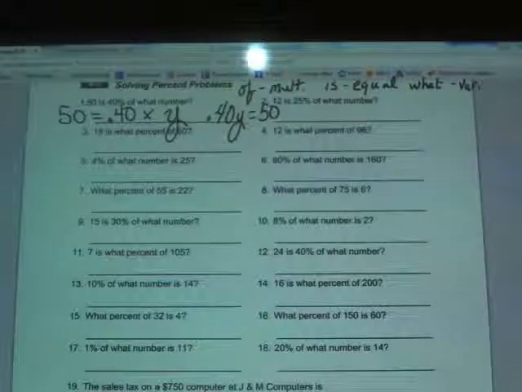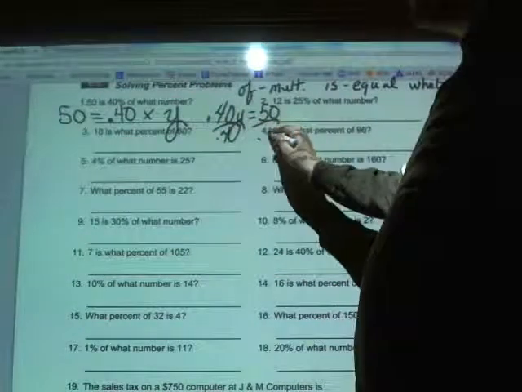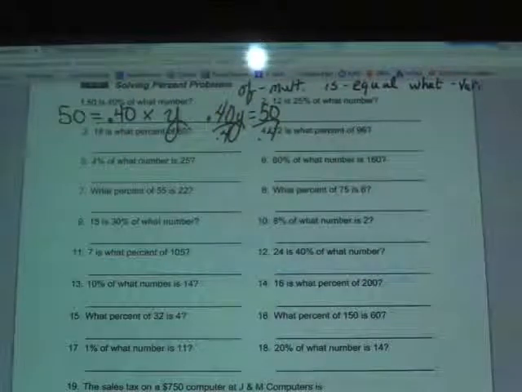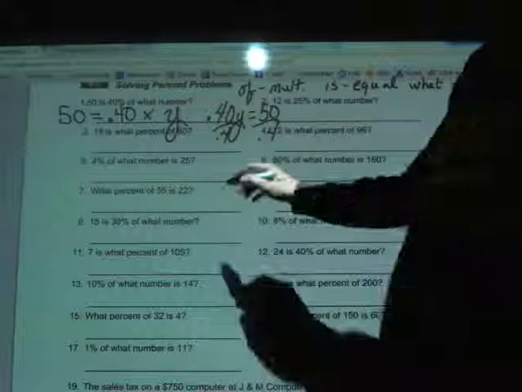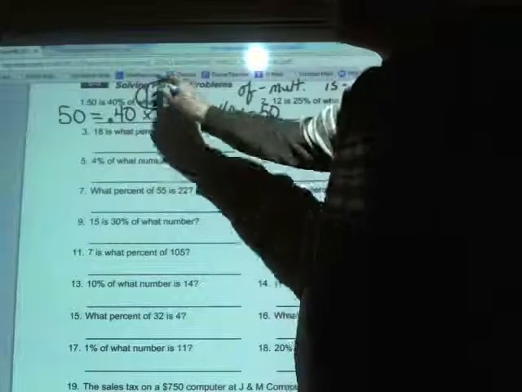Well, when I want to move something to the opposite side of the equal sign, I do the opposite. So in this case, I'm going to divide by 0.40 because as the question is right now, I'm multiplying by 0.40. When I do 50 divided by 0.4, that's going to give me my solution. 50 divided by 0.4 is 125. So 50 is 40% of 125.